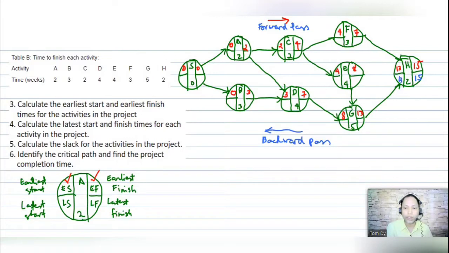So this 13 is copied here, and this part is also 13. Now 13 minus 5 is equivalent to 8.